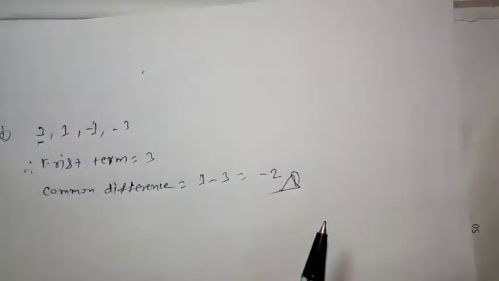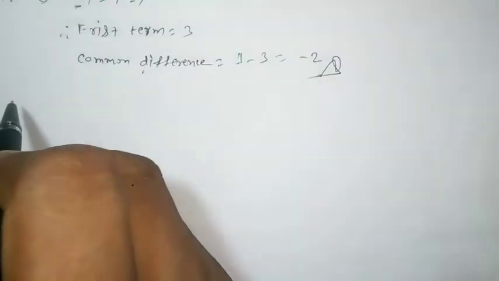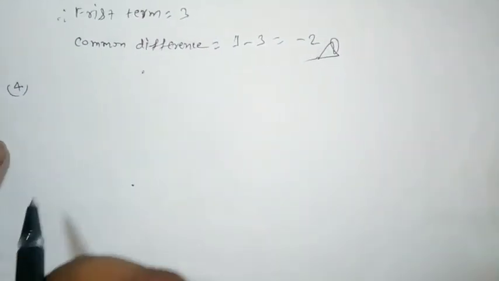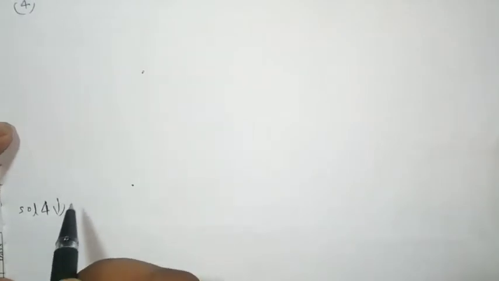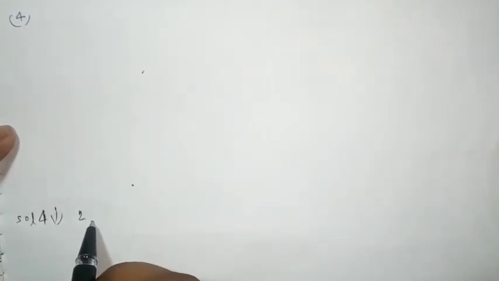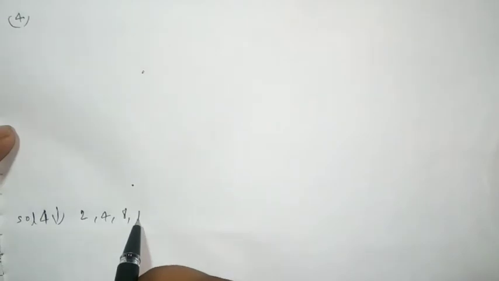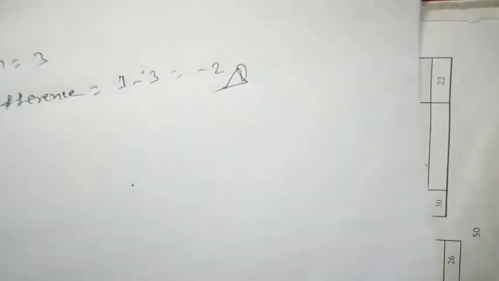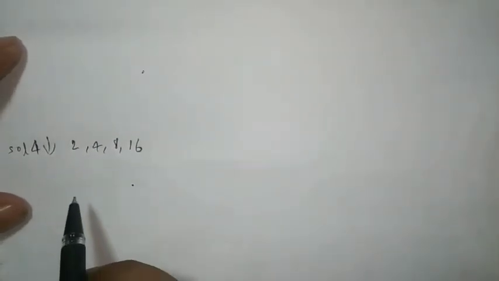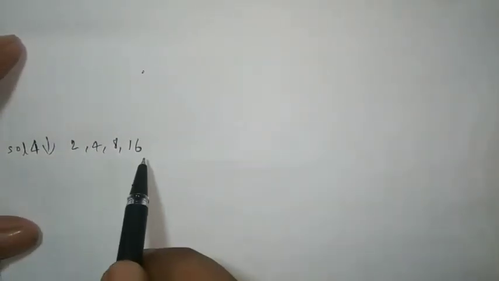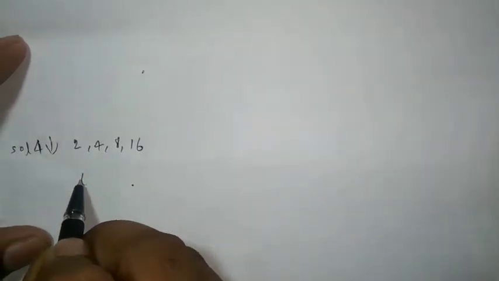The first question says 2, 4, 8, 16. First of all, we see whether these are in arithmetic progression or not.